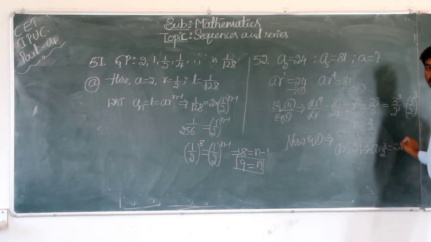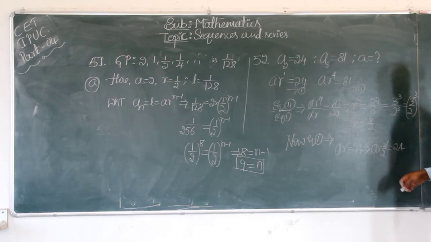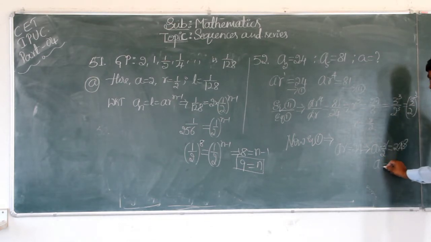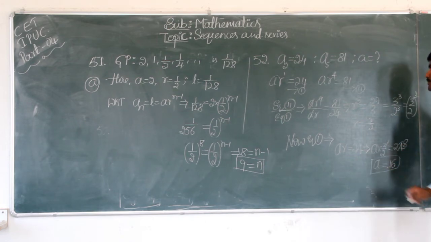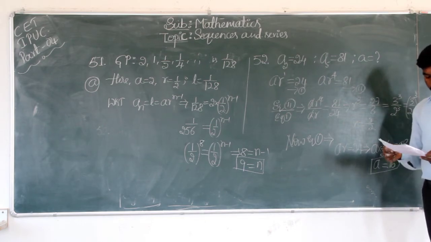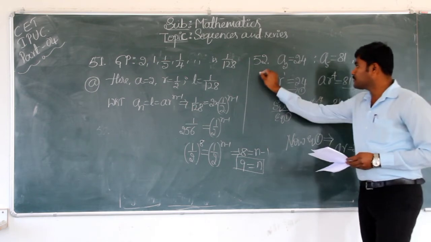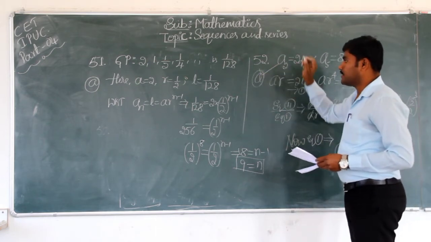Now shifting 3 to the right side, it still goes to the denominator, right? 3 1s are 3, 8. Now again cross multiplication, 8 into 2, that is 16. So the first term of the GP is 16. See, look at the options. Option A is 16, B is 18, C is 21. Therefore, option A is the correct answer.